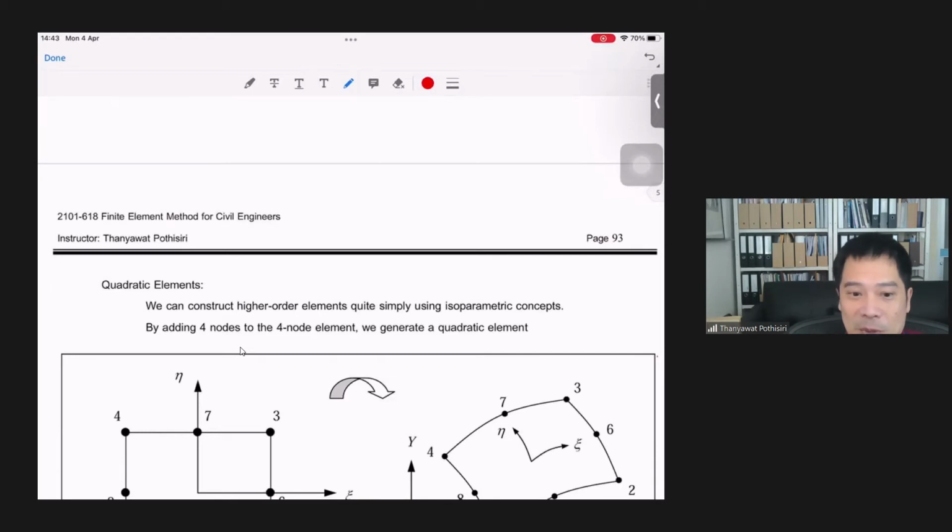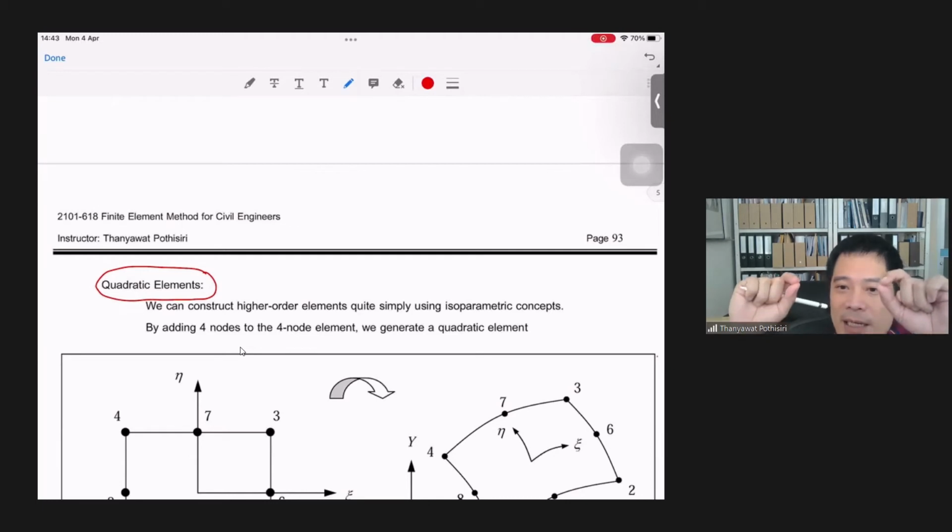For example, you can also map what we call higher order elements. Higher order elements mean the order of polynomials that you can use to approximate the quantities inside the elements can be higher than the linear function.